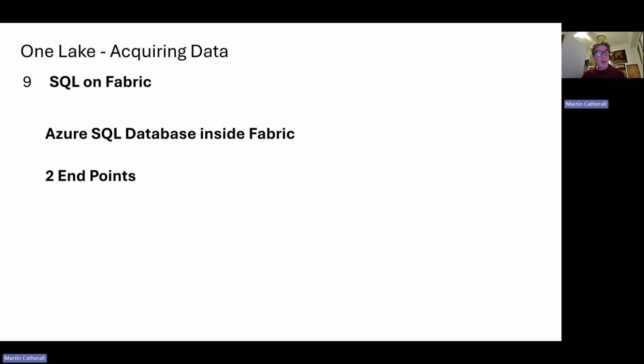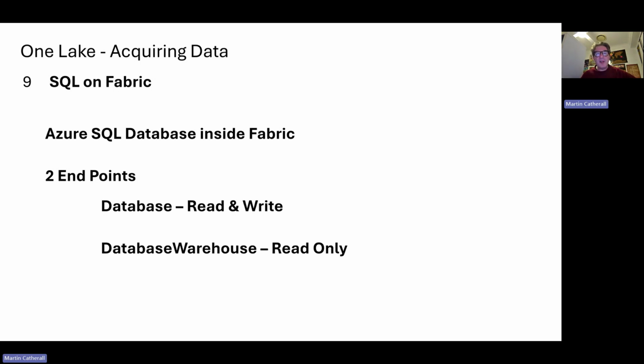It's in the data warehouse, and you can attach to that without attaching to your actual database itself. However, that's a read-only endpoint, so you can read the data from there, but you don't want to be modifying data within that endpoint. So the database is read and write, as you might expect, and the data warehouse is read-only.